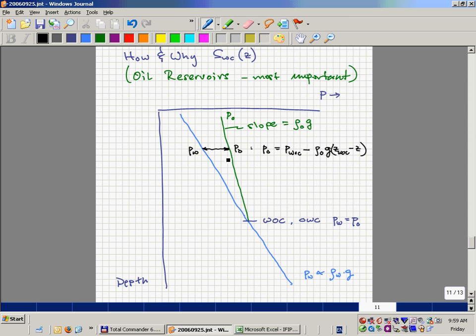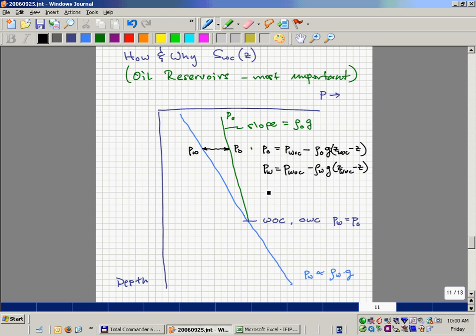So the oil pressure is equal to the water-oil contact pressure minus the oil head. Water pressure is equal to the same water-oil contact pressure down here minus density of water times the same distance. Right?